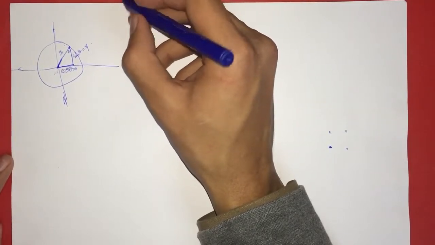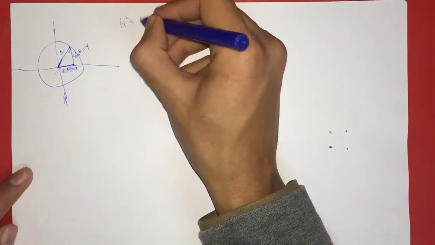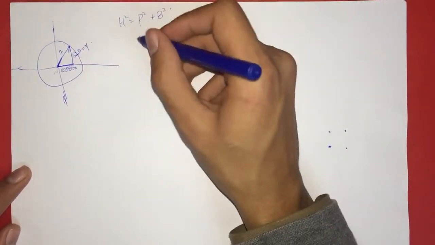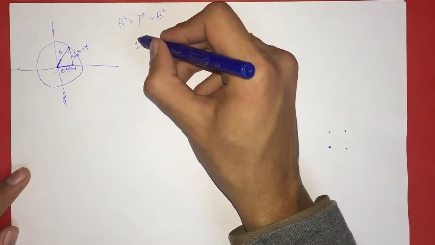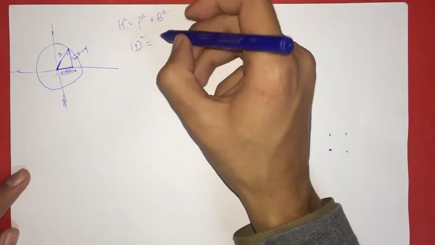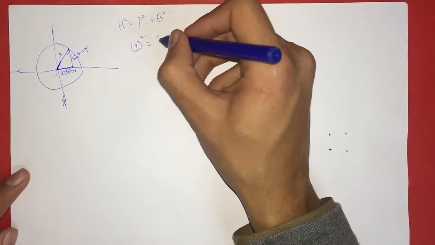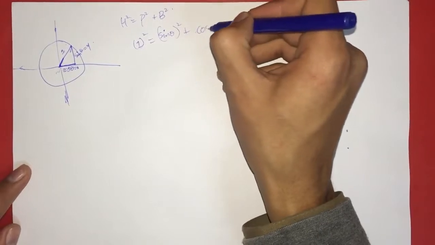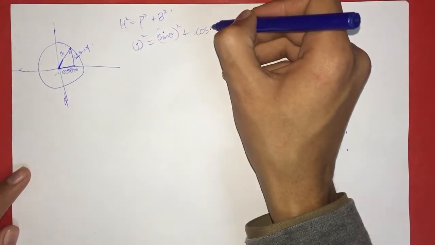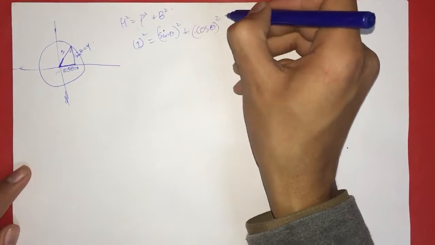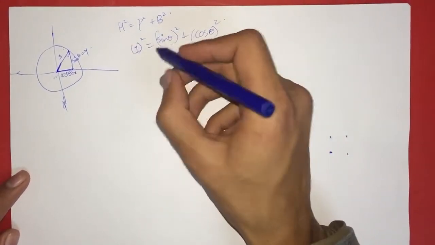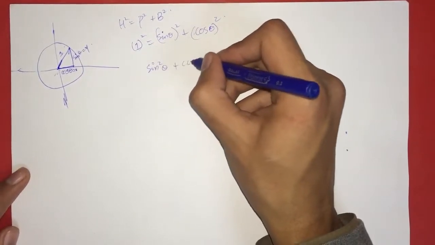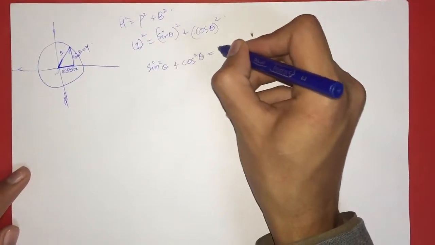The Pythagorean theorem tells us that the hypotenuse squared equals perpendicular squared plus base squared. So let's apply this formula over here. We get 1 squared equals sine squared theta plus cos squared theta. So this gives us sine squared theta plus cos squared theta equals 1.